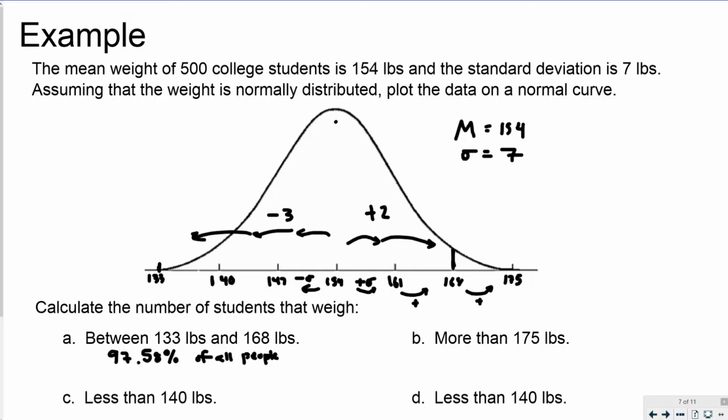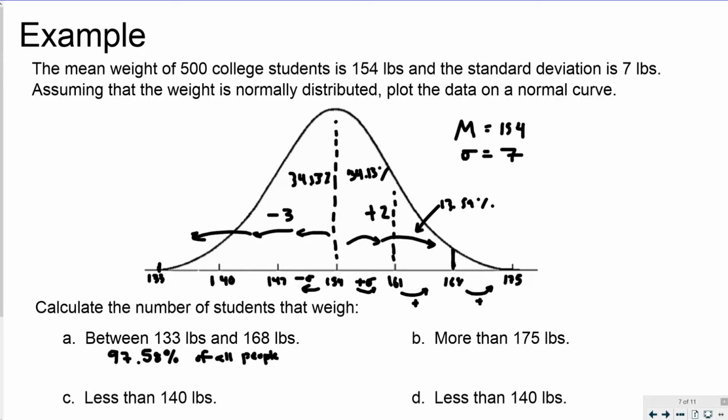So this is the 34.13. I'm going to put this up here just to be a helpful reminder so that I don't have to go back a second time. 34.13. In here was 13.59%.